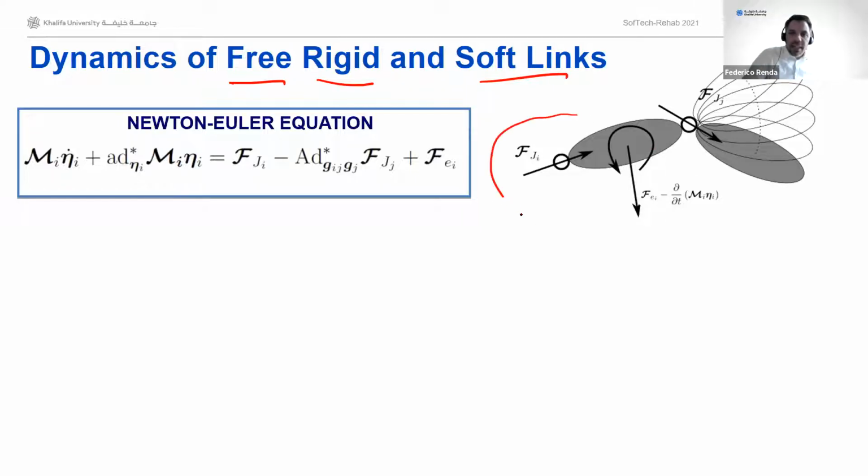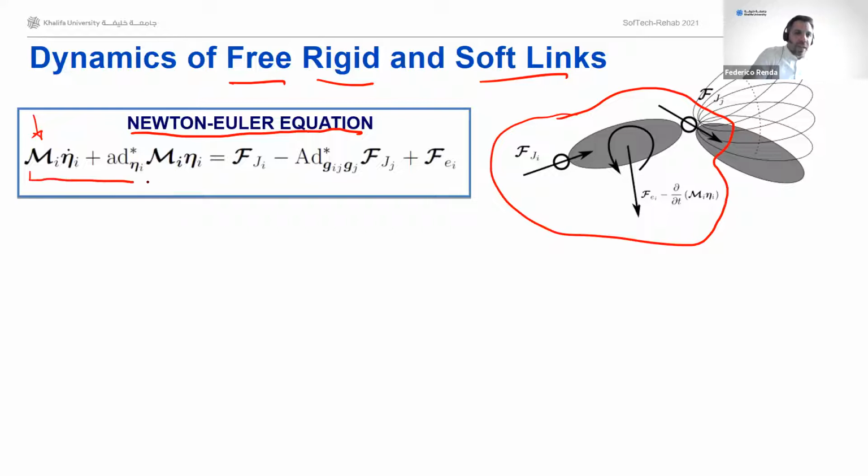So let's take a rigid link that floats in space without any connection. So it's free to go everywhere. The dynamics of this single body system is represented by the well-known Newton-Euler equation, which is exactly what you know already, but just by using this SE(3) or Lie group notation.